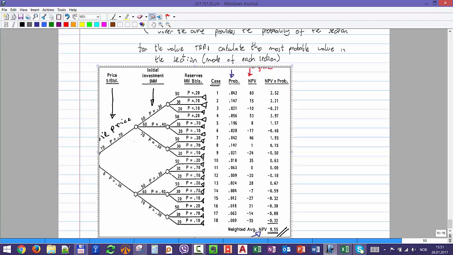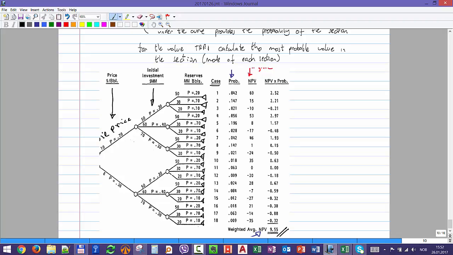Then I multiply and sum, and that gives me the mean estimated value of the branch. Sorry, it's EMV, expected monetary value.